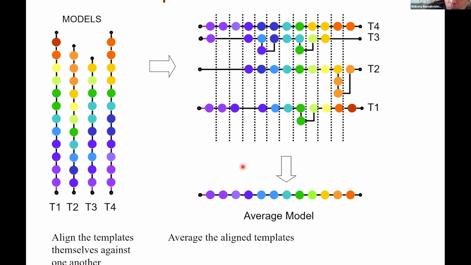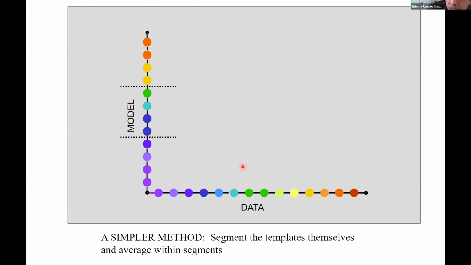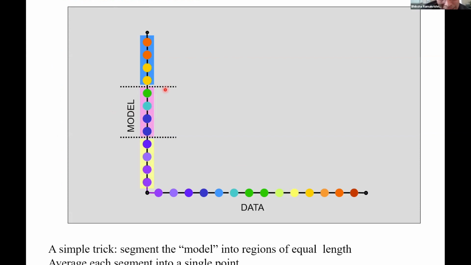Now, here's a different way of constructing an average, which is somewhat more standard. I could do this even with a single template. I can just take my template which is a sequence of feature vectors. I can chop it down into 3 segments, virtually chop it like so.